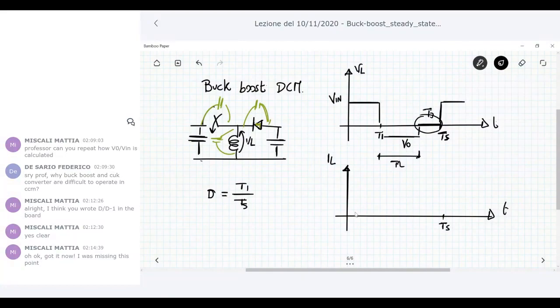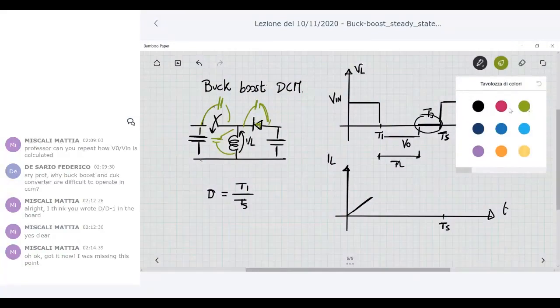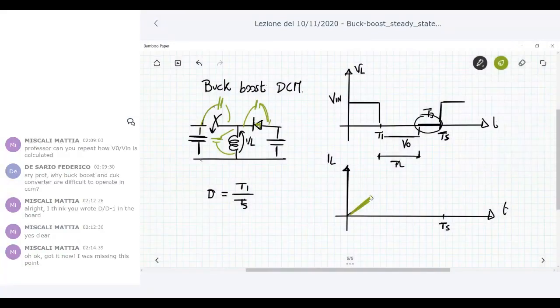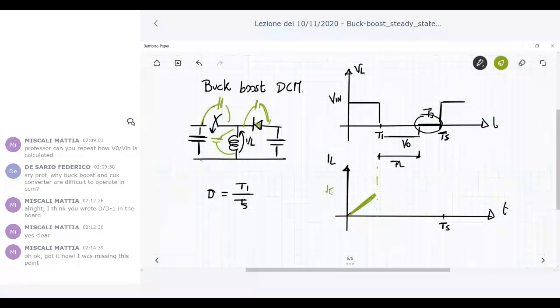So in this first part, T1, the voltage is positive across the inductor and constant, so we can say that current increases, up to the peak value, Imax.